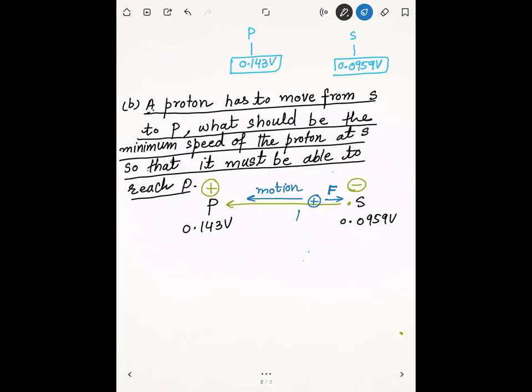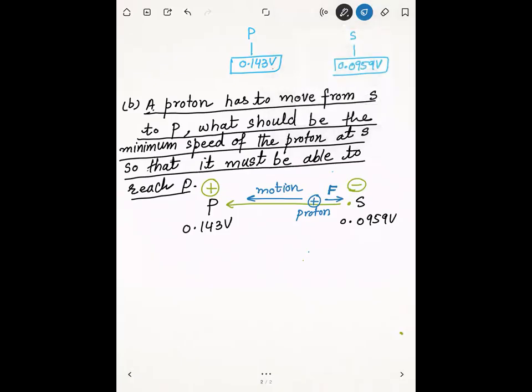Now this proton is moving towards high potential and it needs energy to overcome the repulsion. Now the question is basically what should be the minimum energy that the proton must have at point S so that it should be able to reach point P. Now let's calculate that.